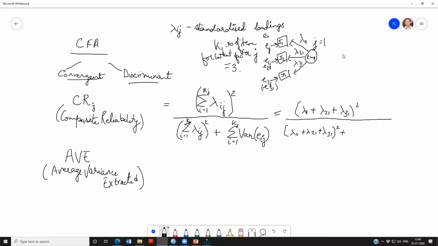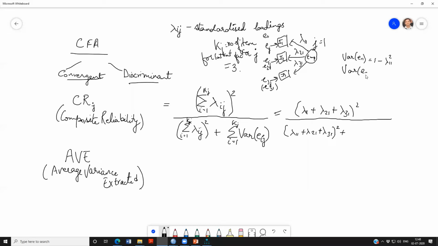So variance of E11 is given by 1 minus lambda 11 square. This is the formula.